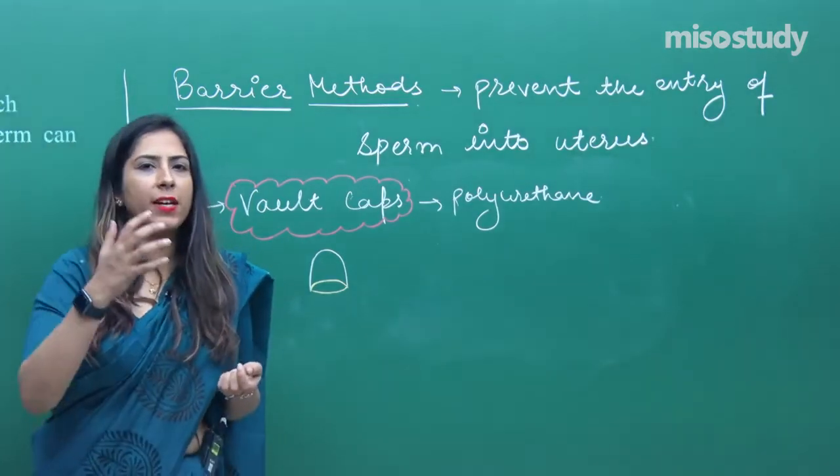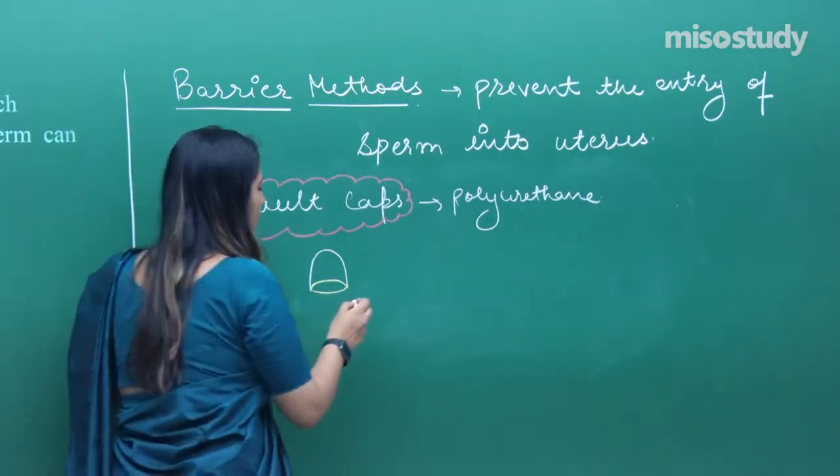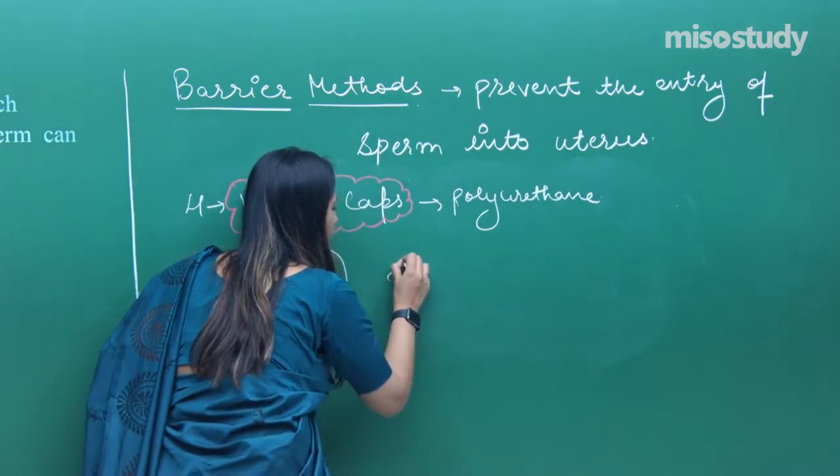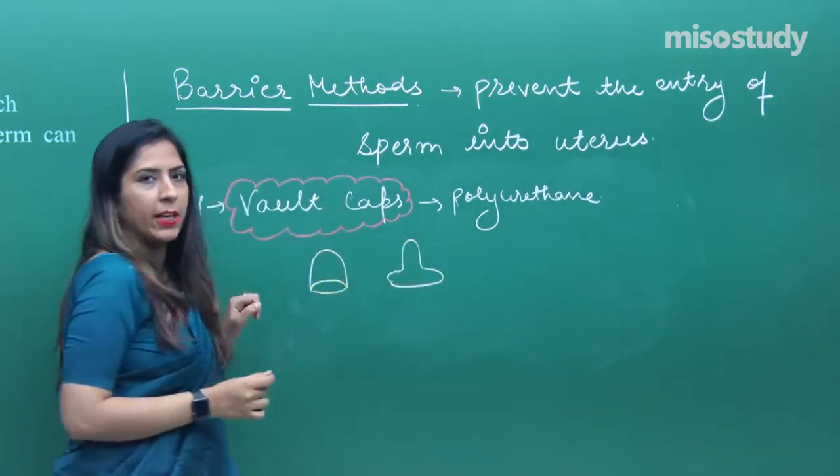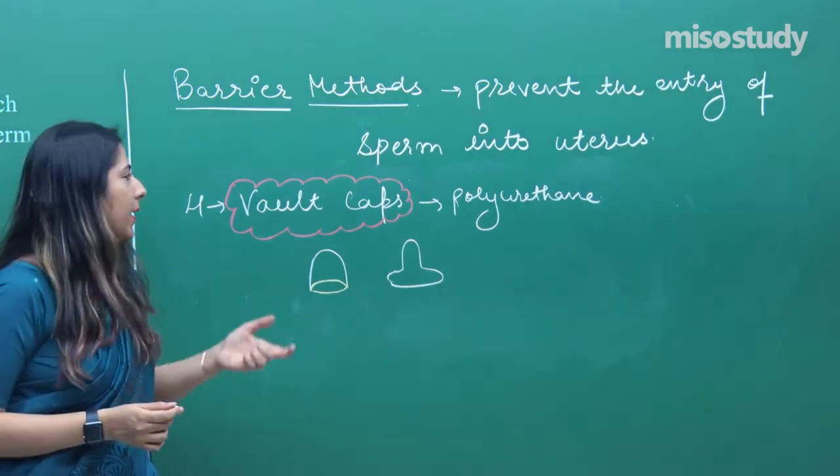Other than that, some vaginal plugs are also there. So vaginal plugs look like this. Right? So they cover the whole cervix and prevent the entry. Right?